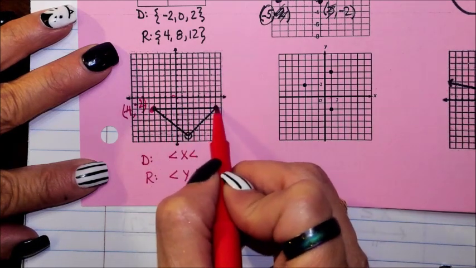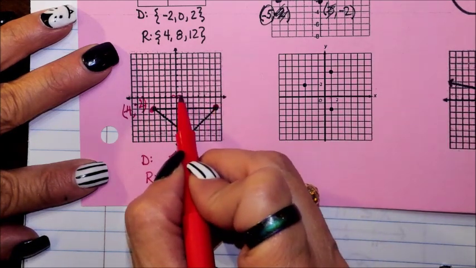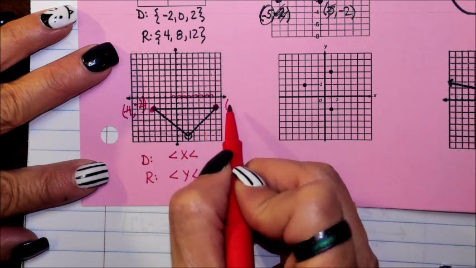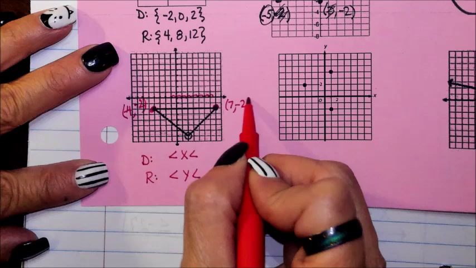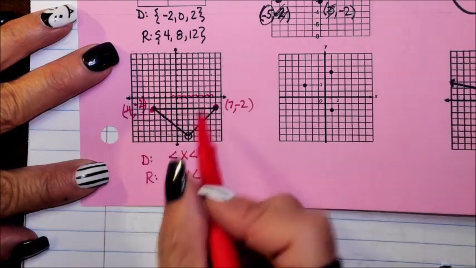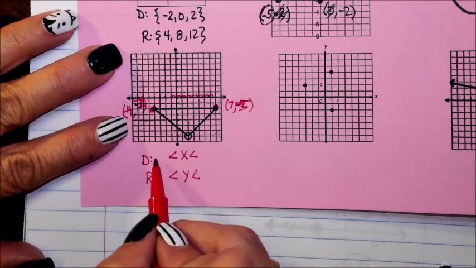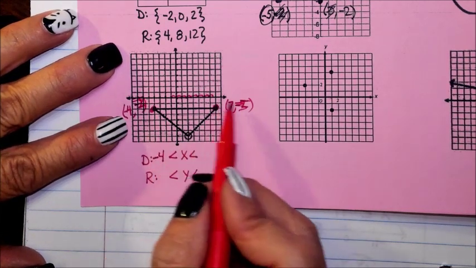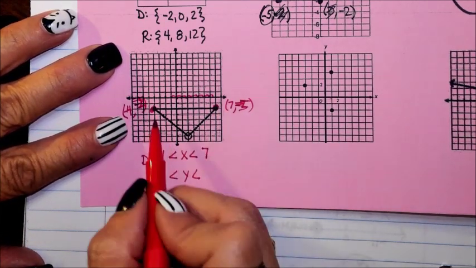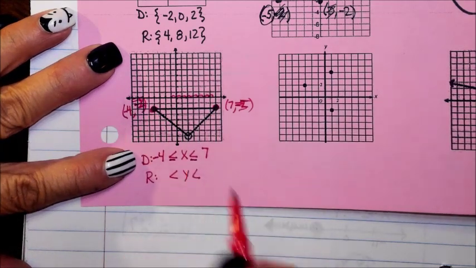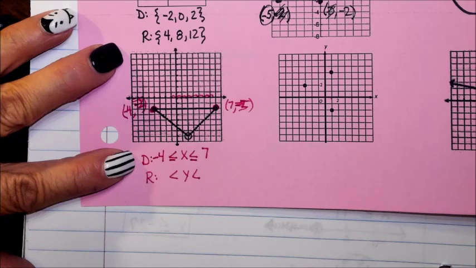And then this point here is the furthest on the right. So 1, 2, 3, 4, 5, 6, 7. So over 7 down -2. So I don't need the y's, I only need the x's. I go all the way out to -4 and all the way out to 7. I have a solid circle on each spot, so I do actually equal it.